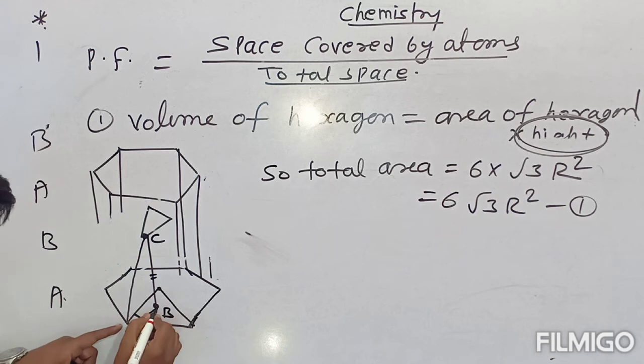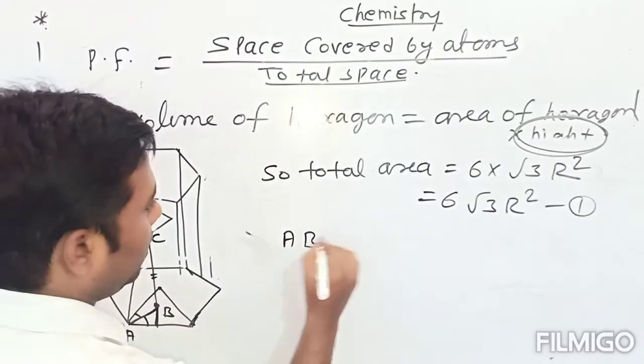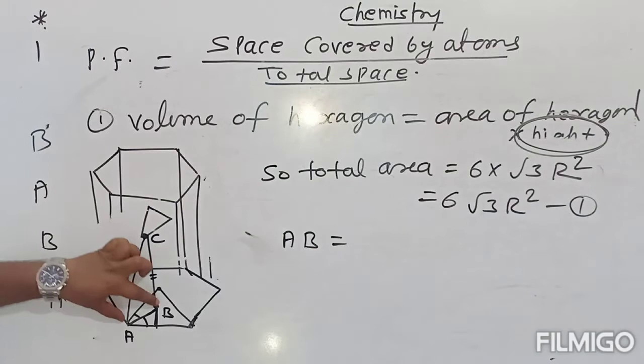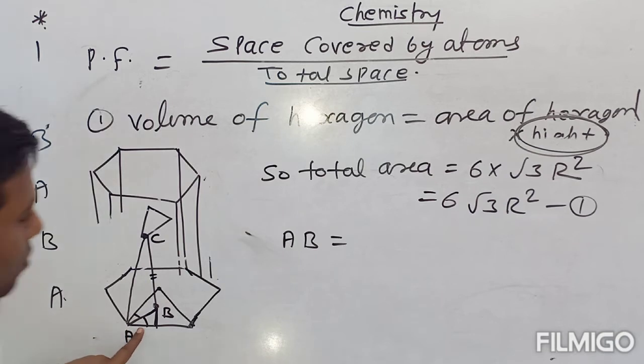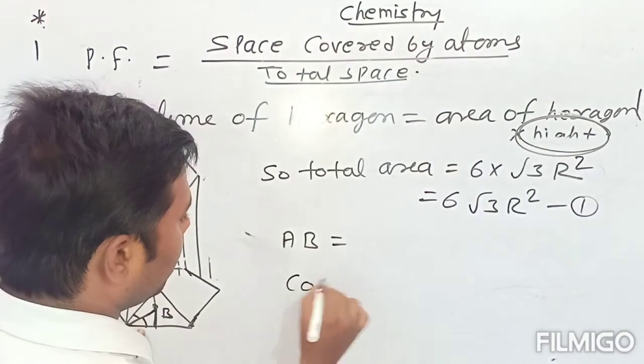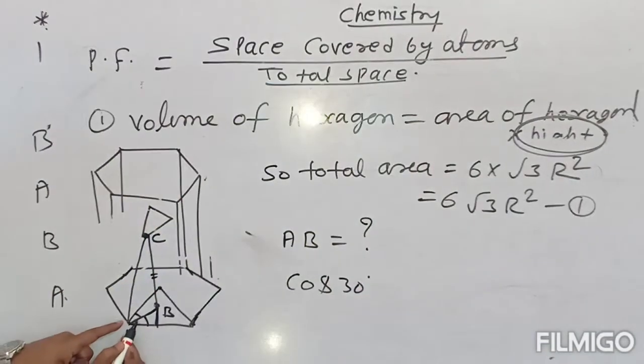First of all, we want to find the length AB. AB is equal to R by cos 30 degree. Why do we consider 30 degree?